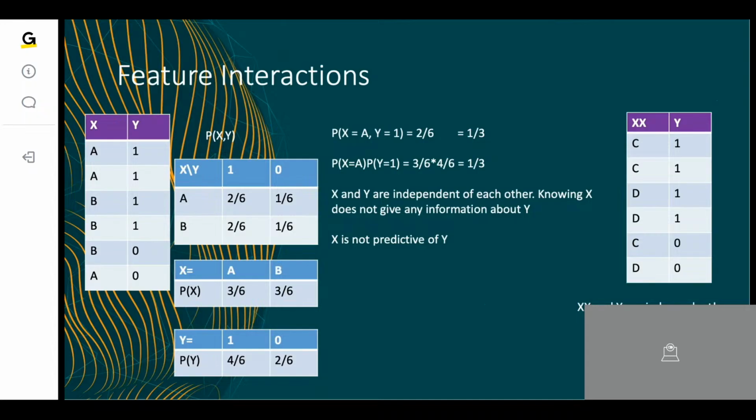However, what these filter methods don't take into account are what are called feature interactions. To give you an example, this is a toy example of how you could have two features, each of them independent of the label or the variable to be predicted, but when combined together, they can work together and predict the variable.